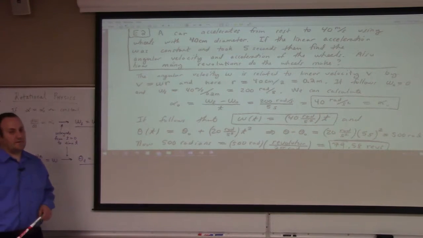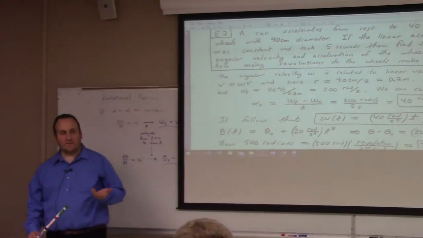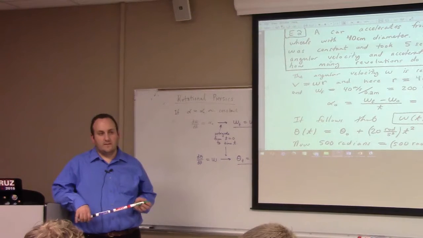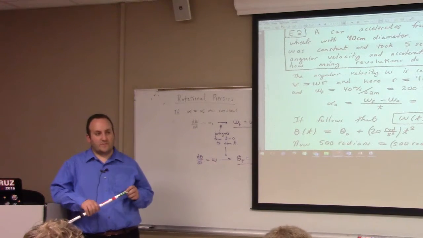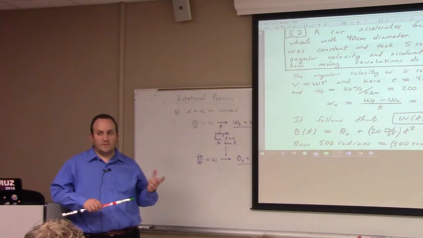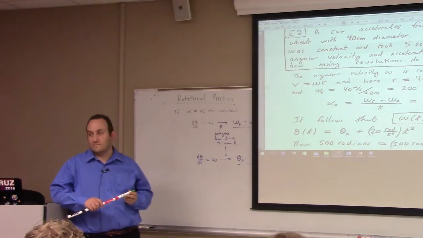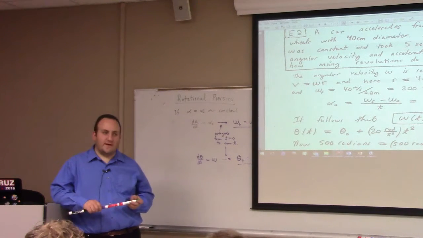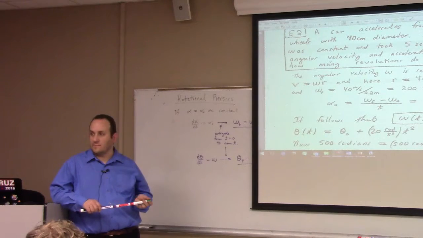We like to think about revolutions as another description of angular displacement. You can talk about radians or revolutions. For 1 revolution, how many radians? 2 pi. So if I have 4 pi radians, that corresponds to 2 revolutions and so forth.